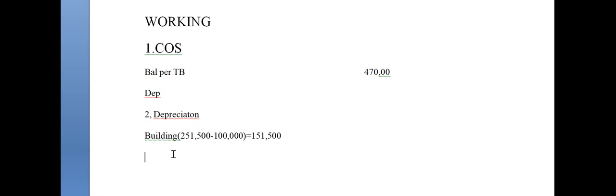Therefore, our depreciation for this one will be 151,500 multiplied by 5%, which is 7,575. You have done the calculation correctly.